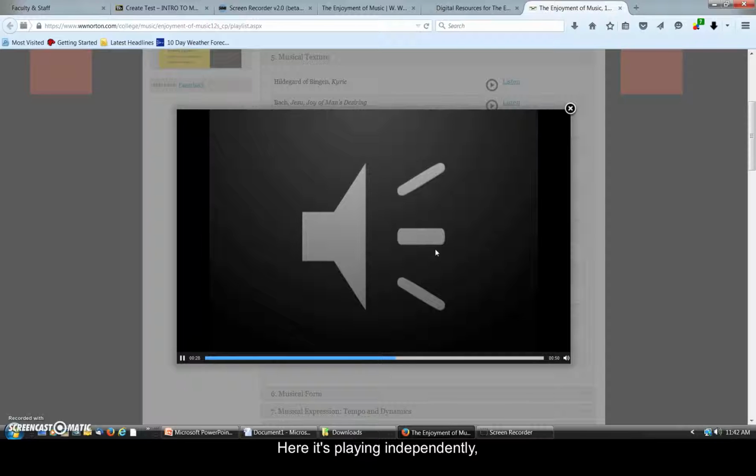Here it's playing independently, so it's still basically monophony or homophony. It's kind of being thrown back and forth here. Now we have it at the same time.